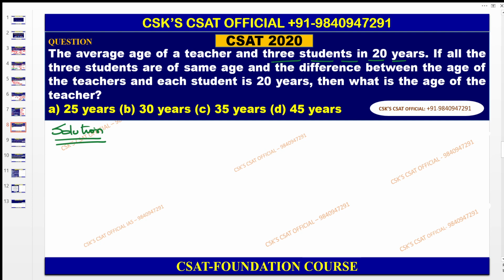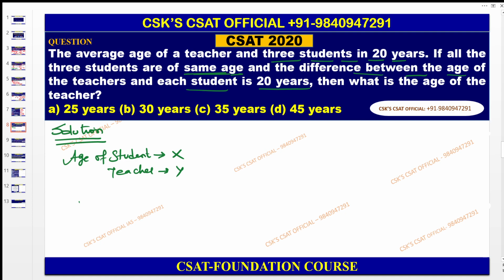If all the 3 students are of the same age, and the difference between the age of the teacher and each student is 20 years, then what is the age of the teacher? We have to find out the age of the teacher. So let us take the age of a student as X, the age of a teacher as Y.